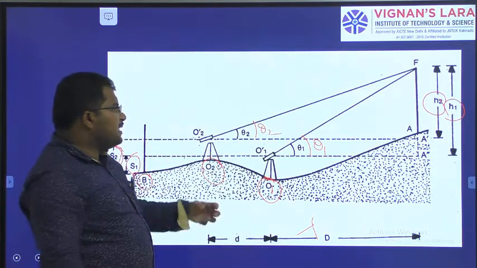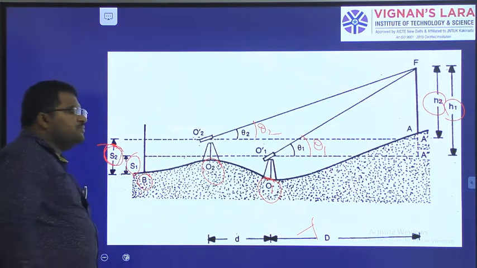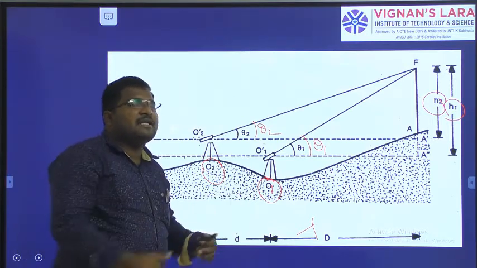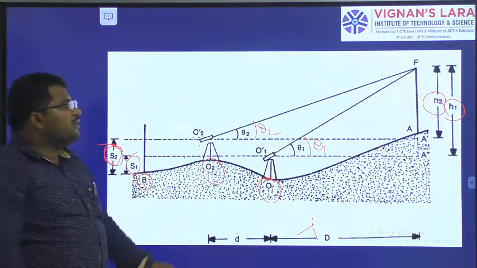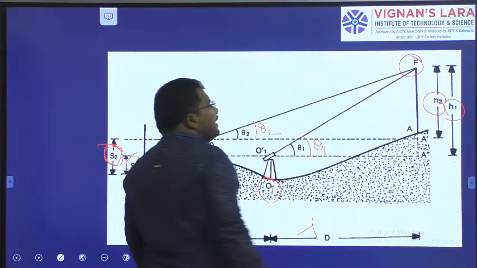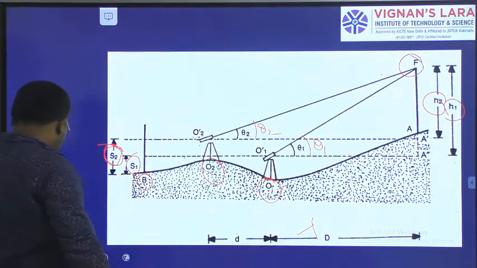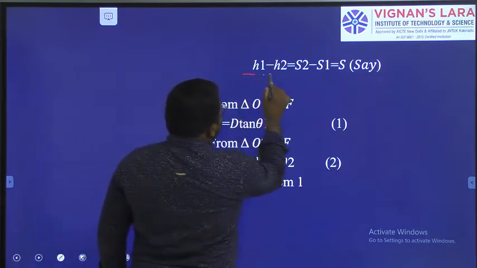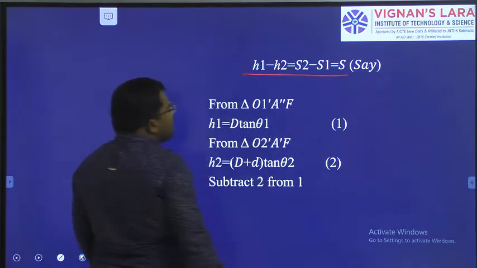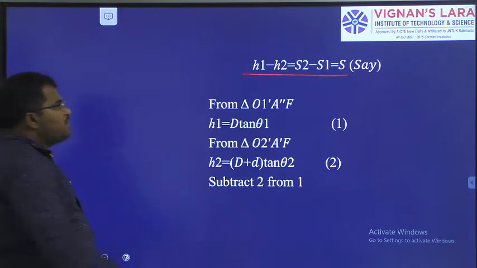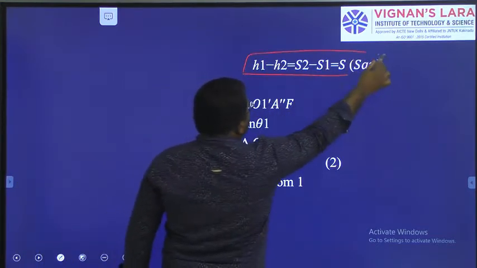Now, based on these values, we are going to calculate the RL of point F. Now we will see it one by one. Here H1 minus H2 equals S2 minus S1, that is equal to S. This is the condition we are going to take.